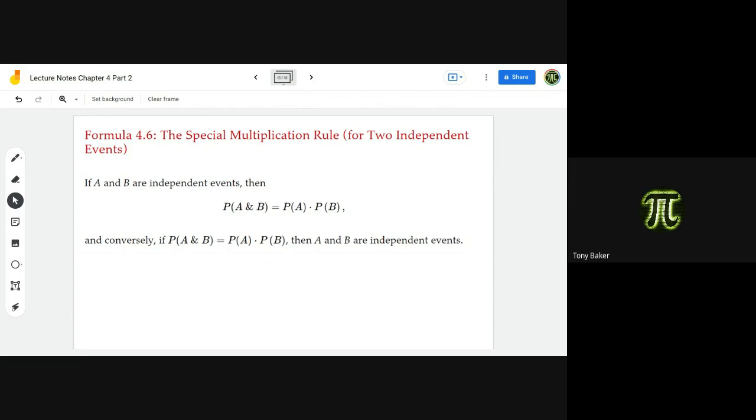Let me write that so people can make sure you write that. So in this situation, we're going to start looking at the and events.